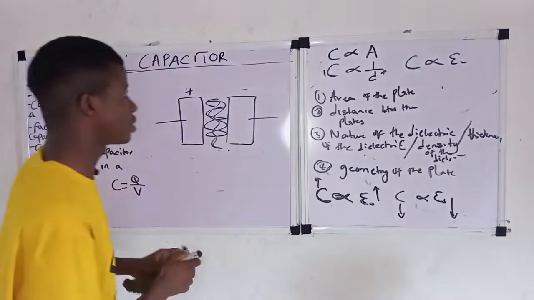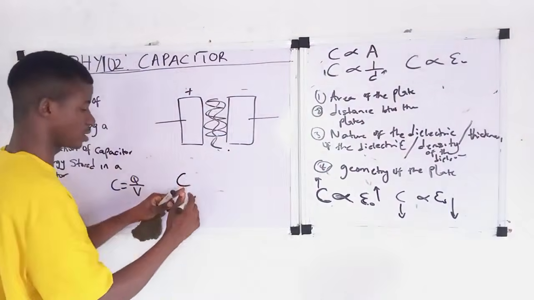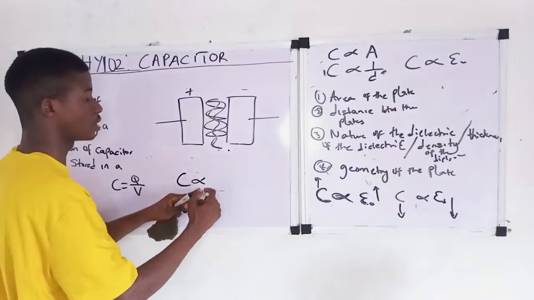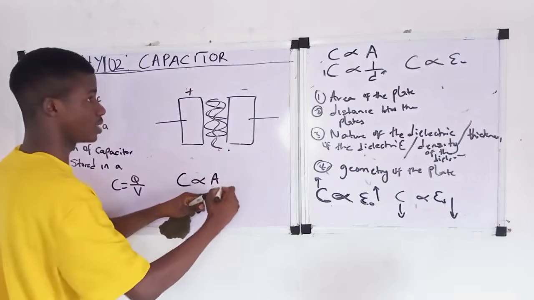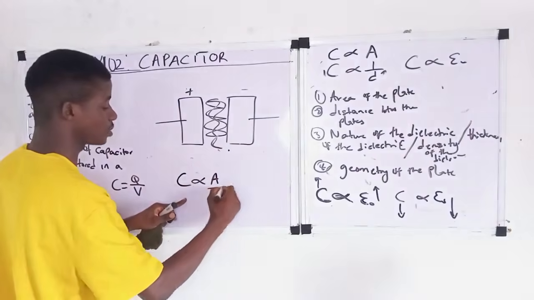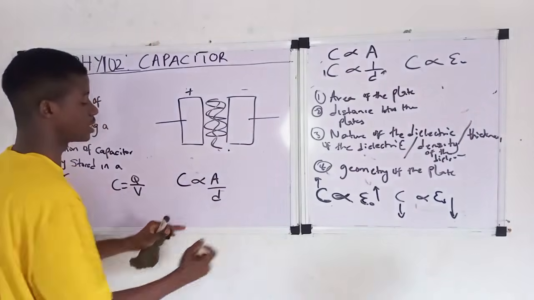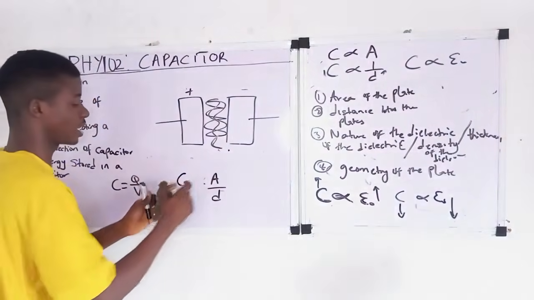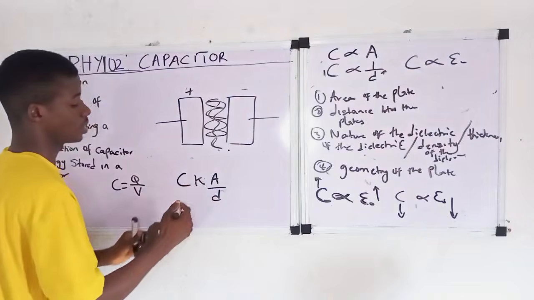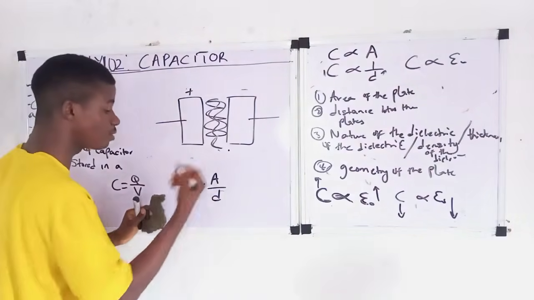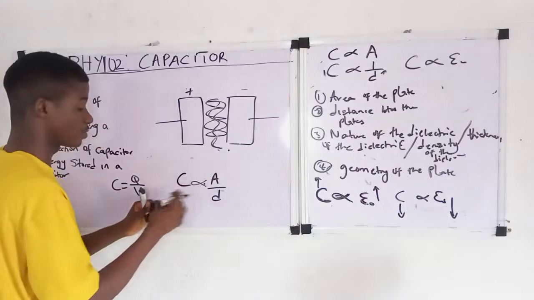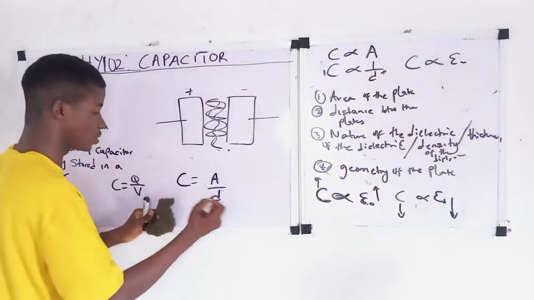Now take note of this formula first, then let's join them. If we join them, we have a particular formula. Capacitance is directly proportional to the area and inversely proportional to the distance between the two plates, right? So if we remove the proportionality sign, we introduce an equals sign and a constant.